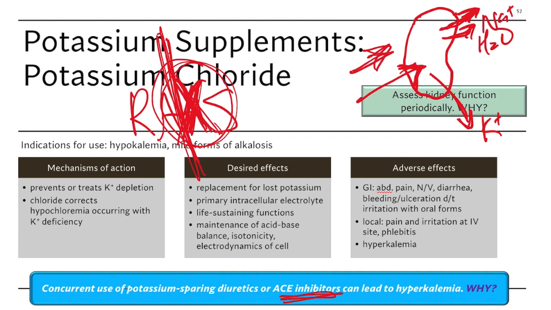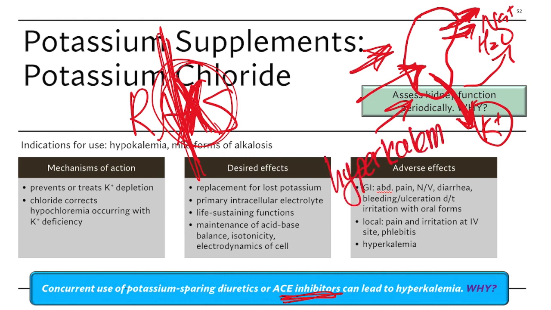And so what we're going to see is less of this potassium being excreted, because it doesn't have the aldosterone there that's kicking that function into high gear. And so we're actually going to see the kidney holding on to this potassium and then reabsorbing it back into the bloodstream. And so we're going to end up again with the hyperkalemia. And that's how both of these things will cause hyperkalemia.